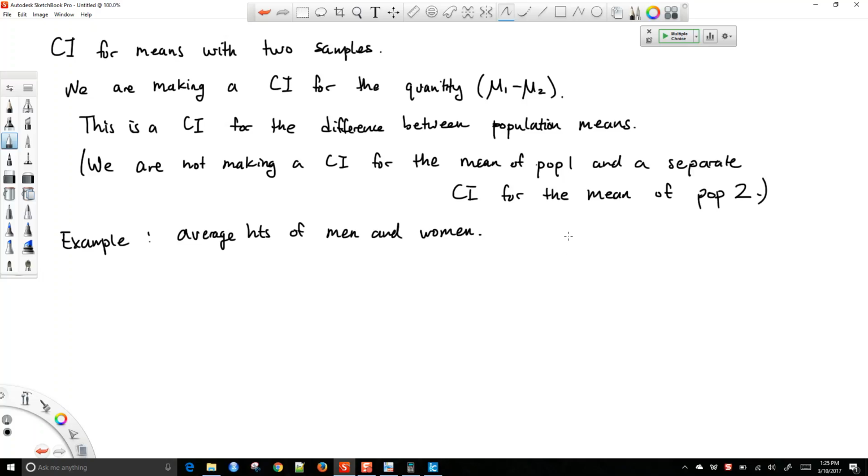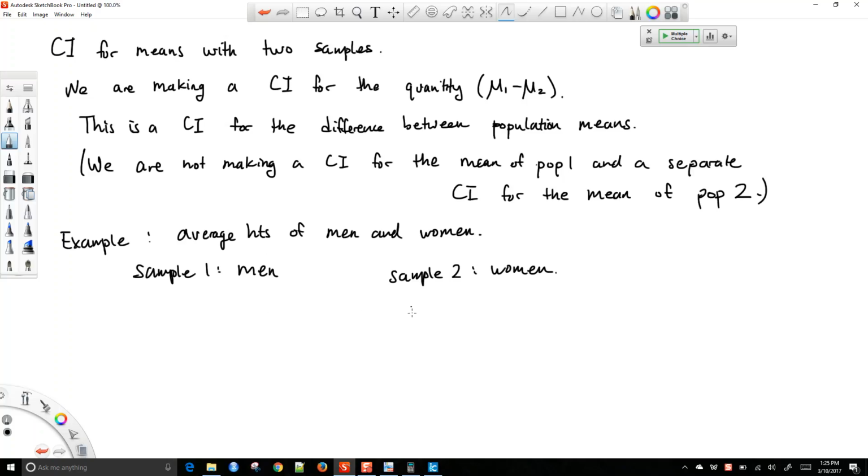We'll say sample 1 is men, sample 2 is women.